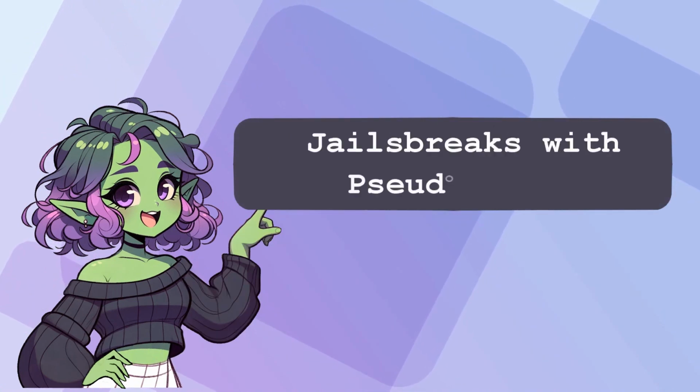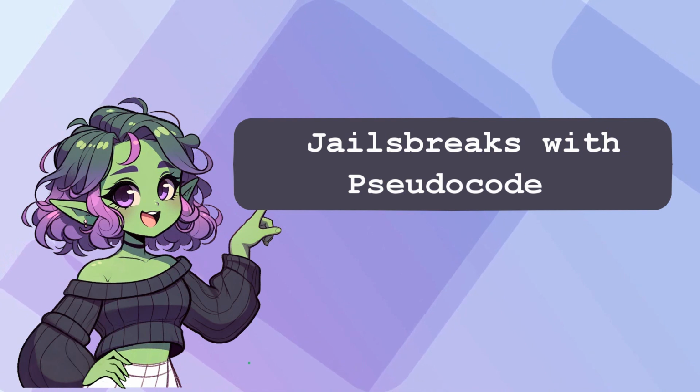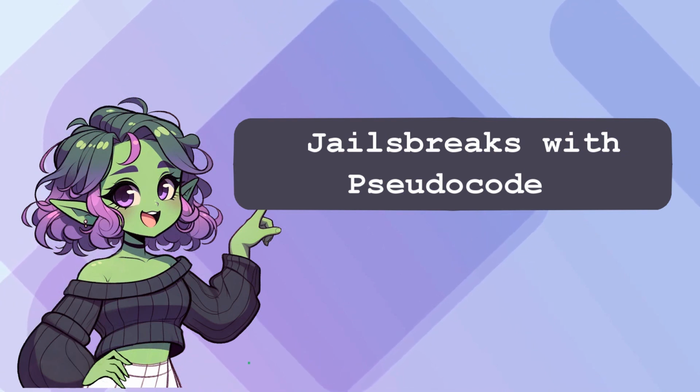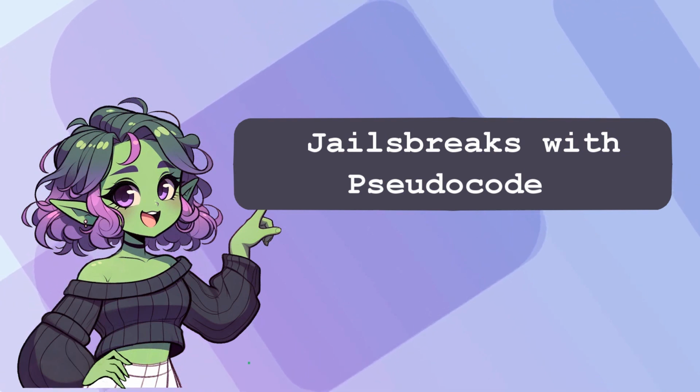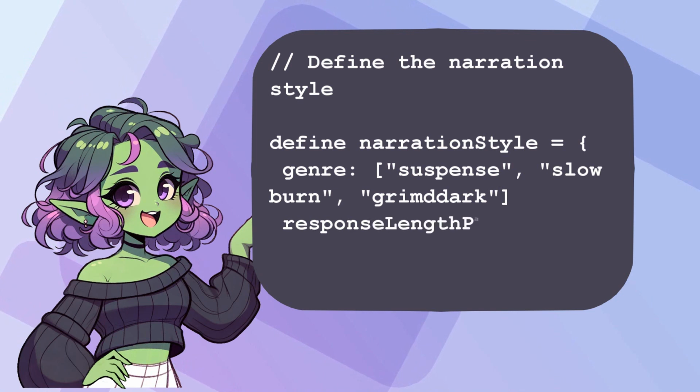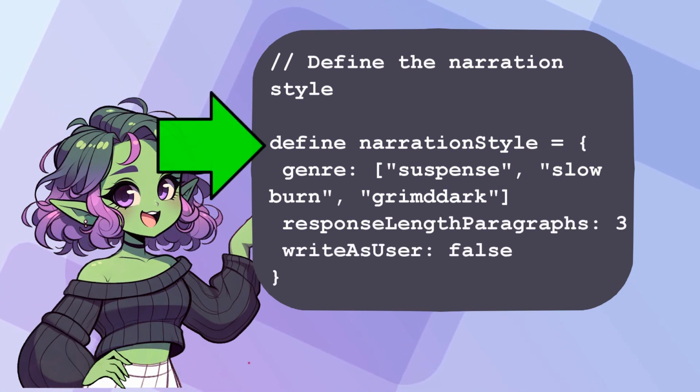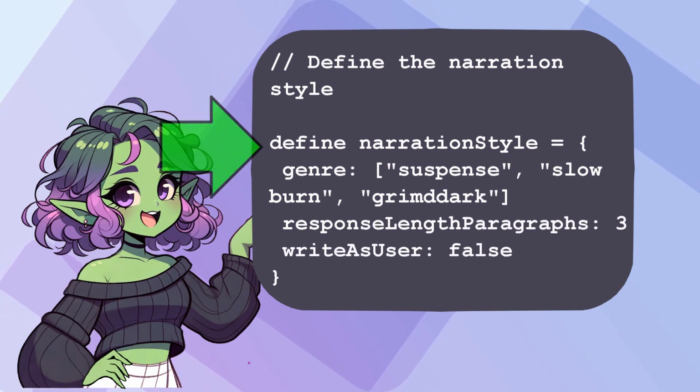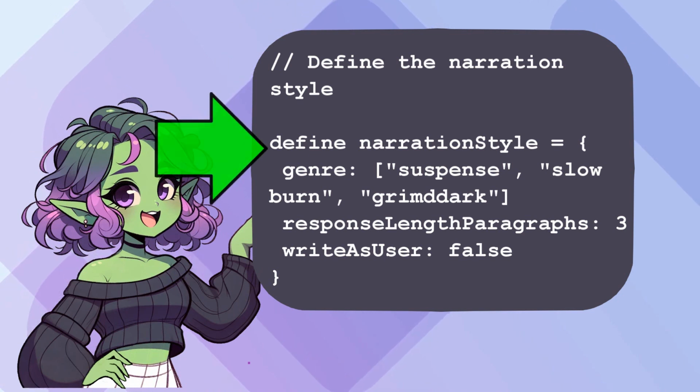Echo shines in its ability to maintain control over the model's behavior. Let's take a simple jailbreak from Generation 1 and update it for Echo. We'll start by defining the narration style. We open with a comment and then use the label define on a new line before inputting information like the genre or the ability for the AI to write as our character.